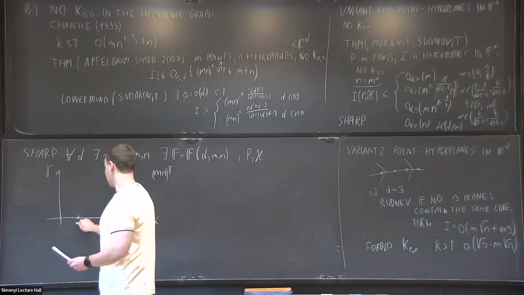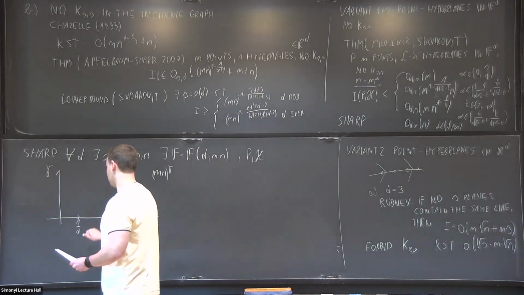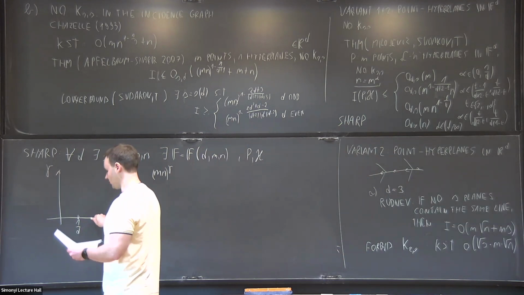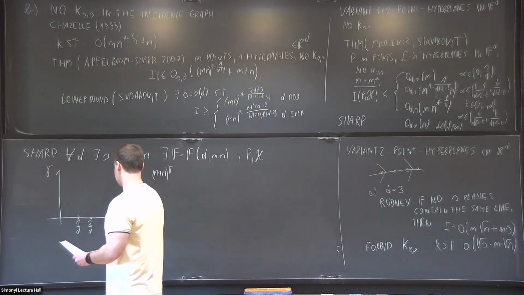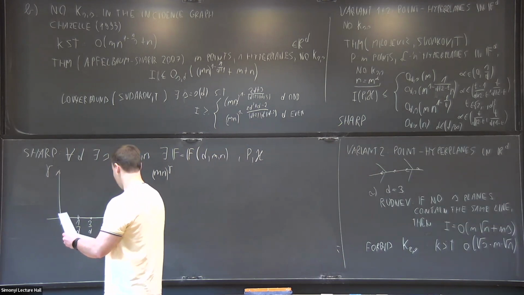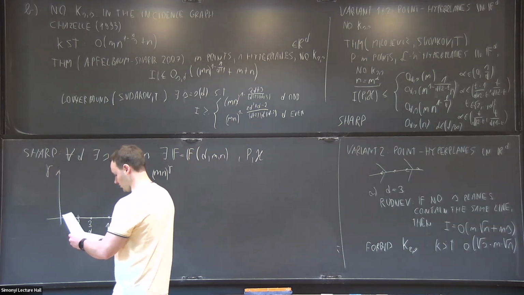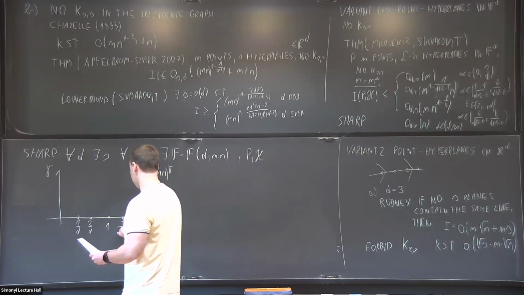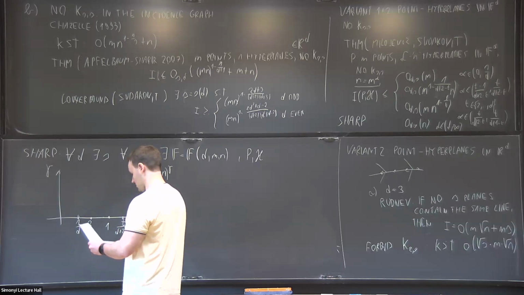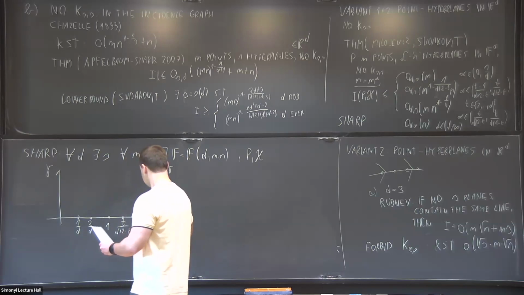Now I have these points of interest, which are given by these integers t. So this is 1 over d, 2 over d, dot dot dot, 1. And then the general point is like t over d plus 2 minus t, and t over d plus 1 minus t.